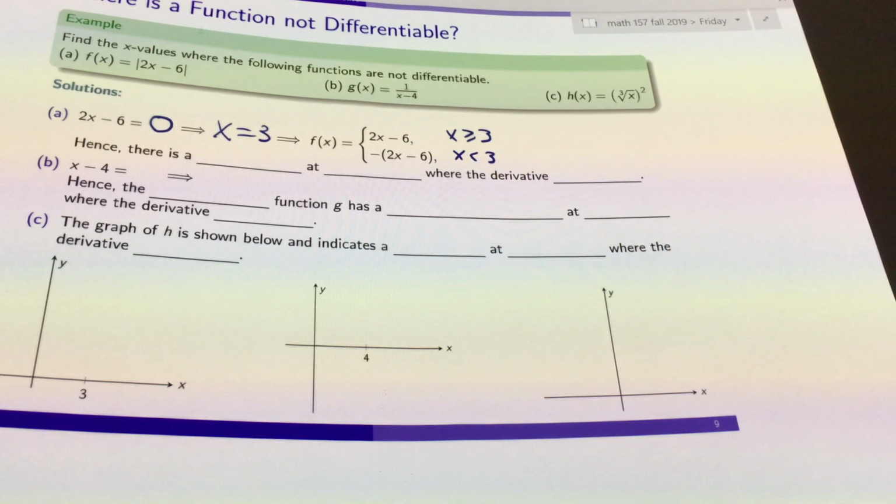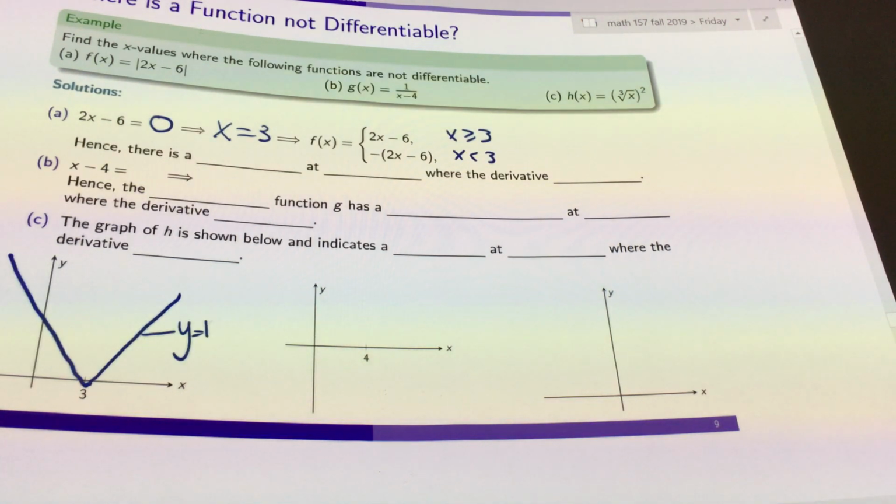You may change the corner, so you switch the corner to 3, so the graph is like this. So the function is not differentiable at this point. There's no tangent. So f prime of 3 does not exist.